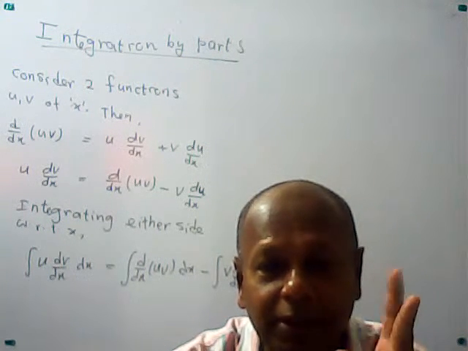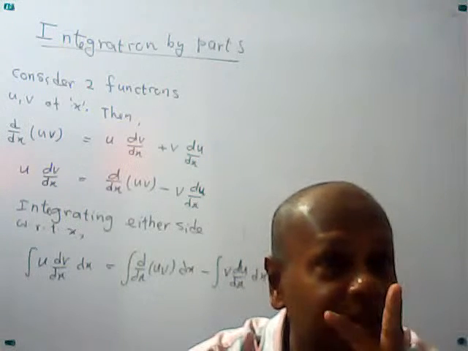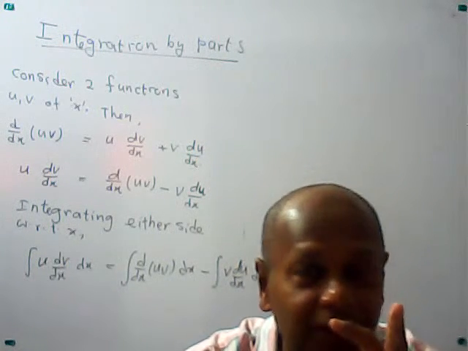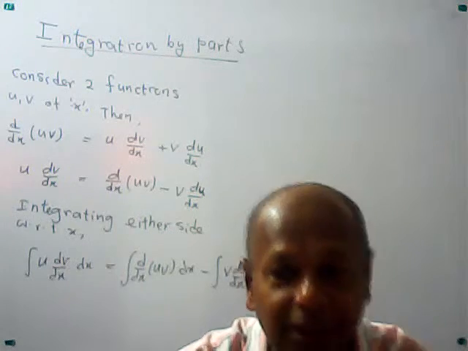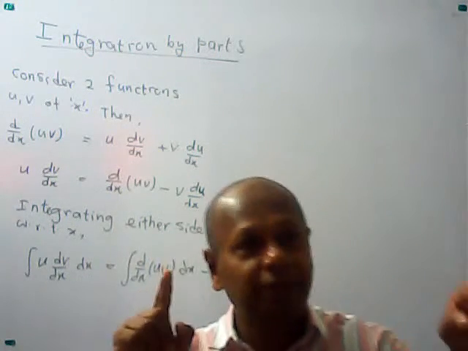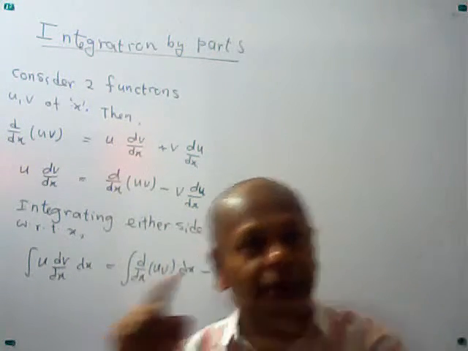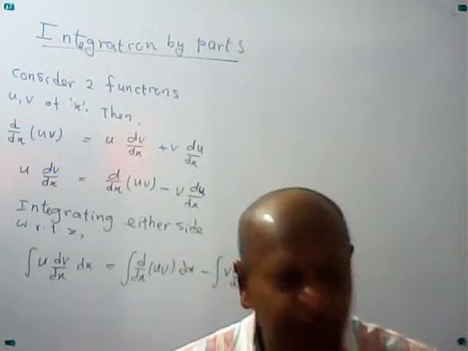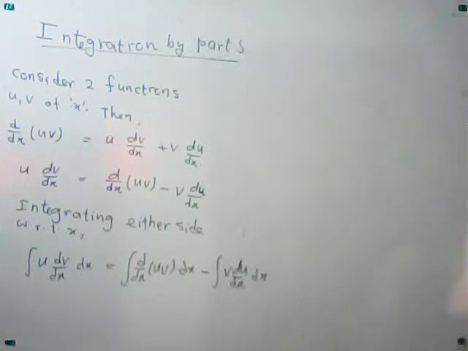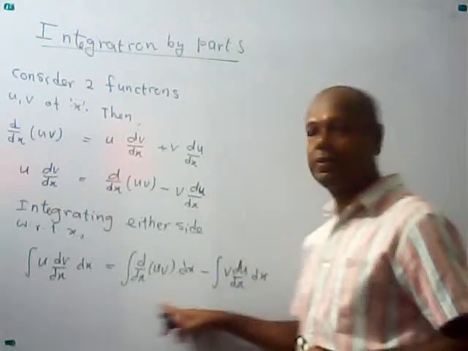We identify differentiation and integration like the reverse operation, inverse operation of each other. You think differentiation, you send it to this side, integrating, you take it back to where it was. So this gives just UV.